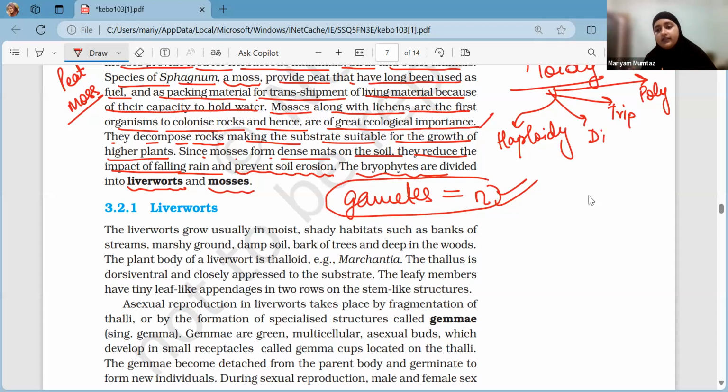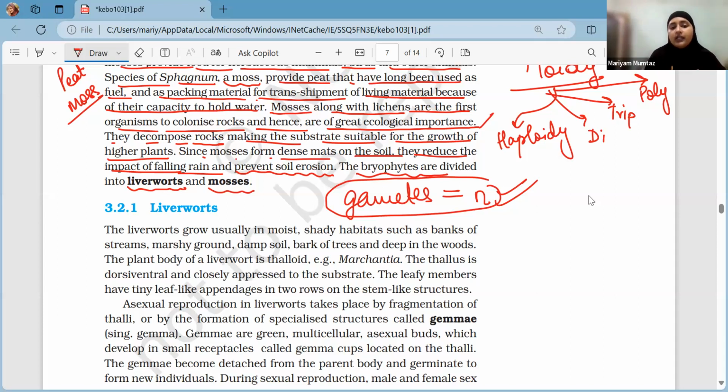Never forget this. And this is very important: the bryophytes exist more dominantly as a gametophyte, meaning their dominant phase in life is haploid, because gametophyte is haploid. Clear?